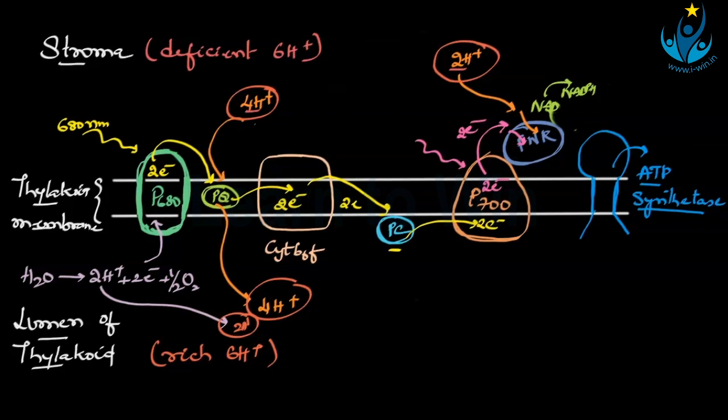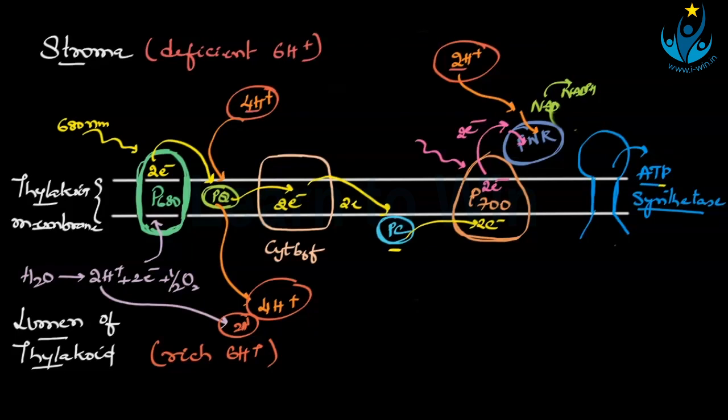Now, because there is a concentration difference established between the protons of the lumen and the stroma, the protons will move from their higher concentration region, that is the lumen of the thylakoid, to the lower concentration region. So they will move from the lumen to the stroma by using the ATP synthase.